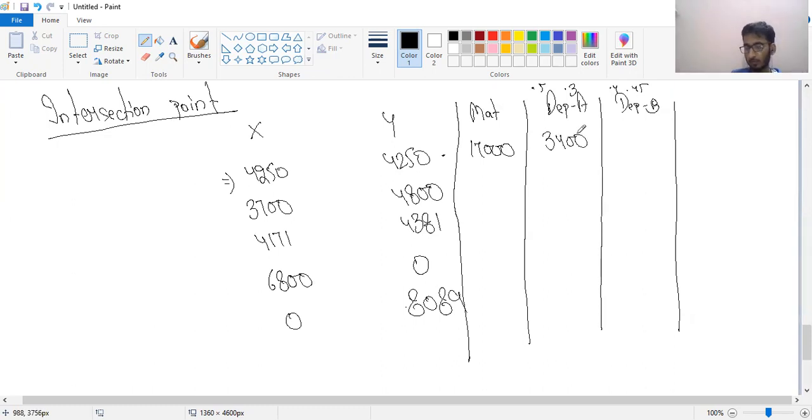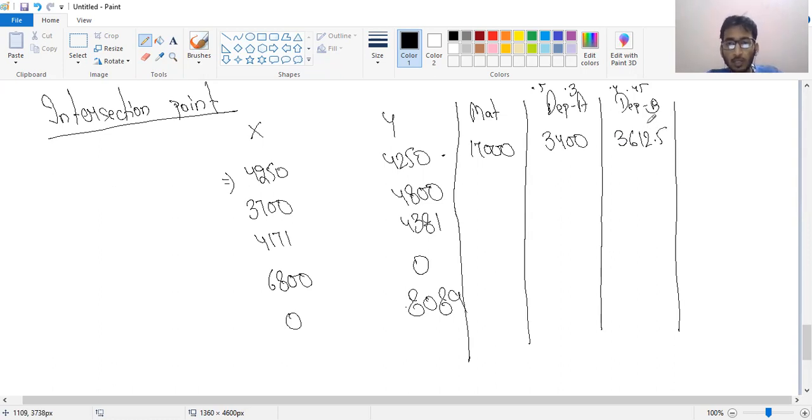Now 4250 multiplied by 0.4, 1700, and 4250 multiplied by 0.45. So it's coming 3612.5.